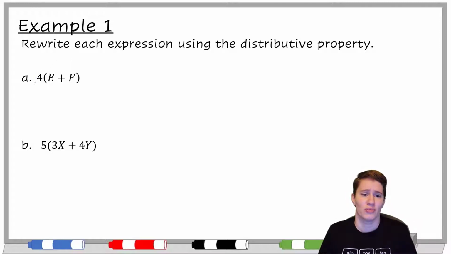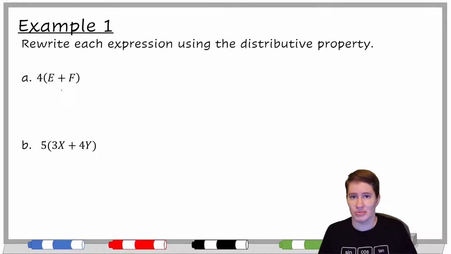So if we use the distributive property, it's basically saying, hey, get rid of these parentheses. And we've actually got a case here where that is the best option, because inside my parentheses is e plus f. Normally I would try to do that first because it's in parentheses, but we can't actually add e and f together. They're not the same letter.